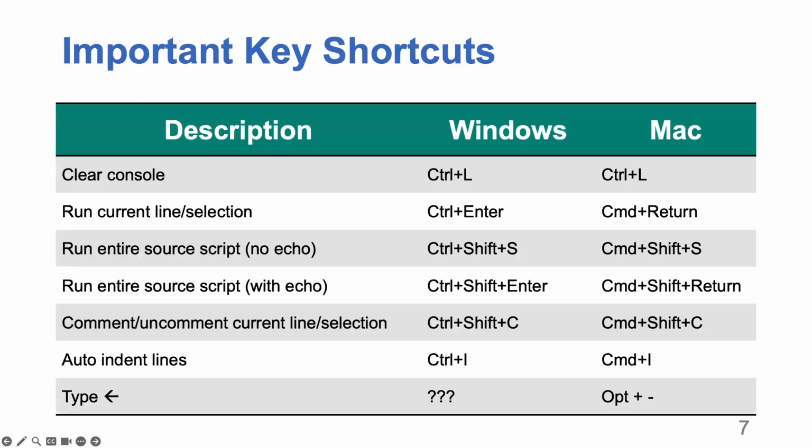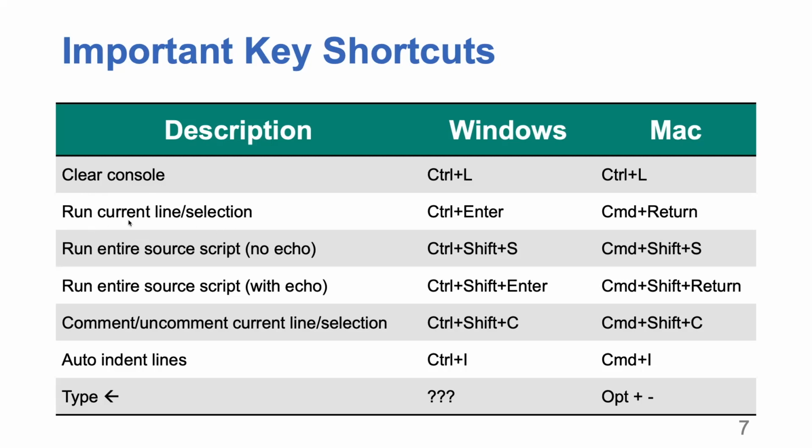There are some keyboard shortcuts, and they're going to differ on Windows and Mac. And the weird thing about doing this course virtually online is that you're not going to be able to see what keys I'm pressing sometimes in the background to do different things. So some of these shortcuts are things like you can clear the console or you can run the current line.